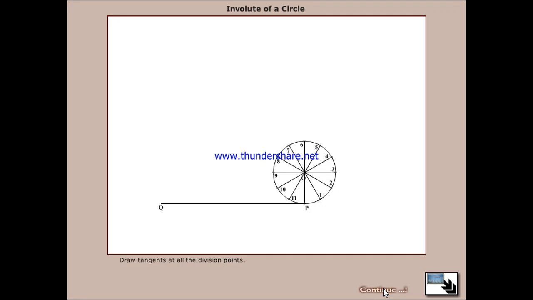Now draw the tangent to all the division points. Now measure PQ equal to the circumference of the circle and divide it into 12 equal parts.